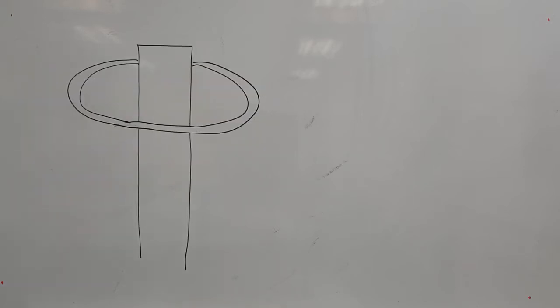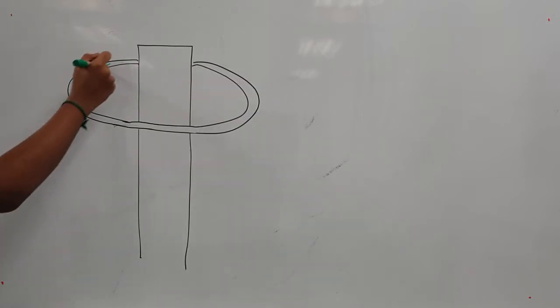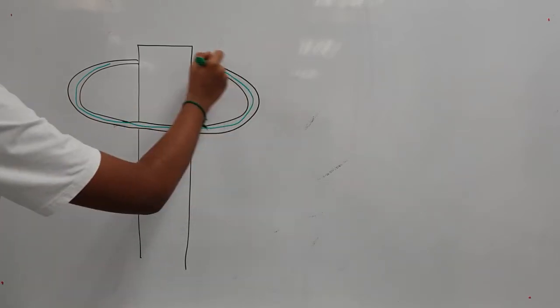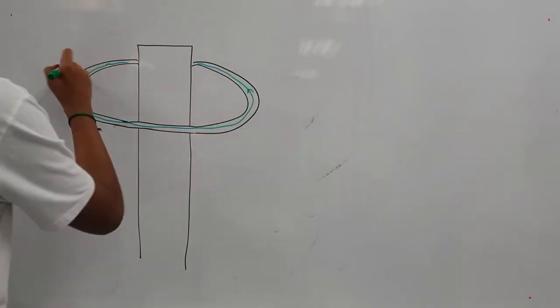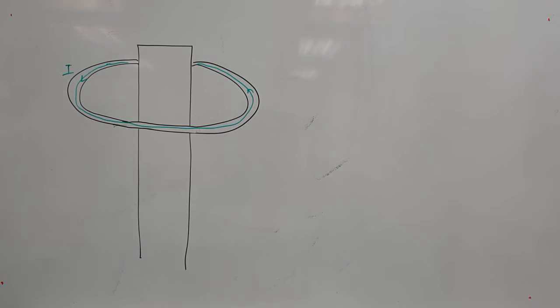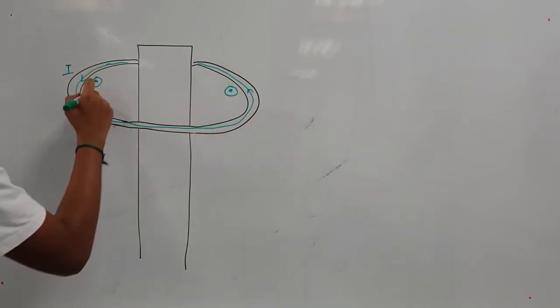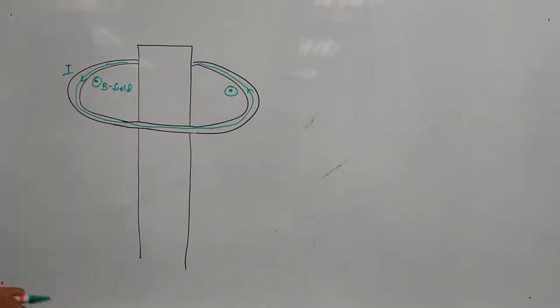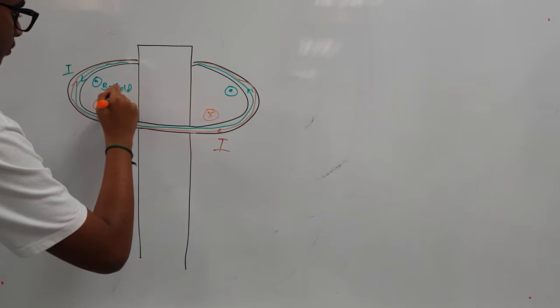Now, let's take a look at how induction heating is used in welding. A piece of metal that needs to be welded is placed in between a metal coil. And in this metal coil, there is a high frequency alternating current flowing. The various directions due to the alternating current are represented by green and orange arrows.